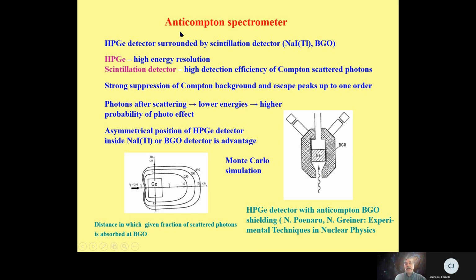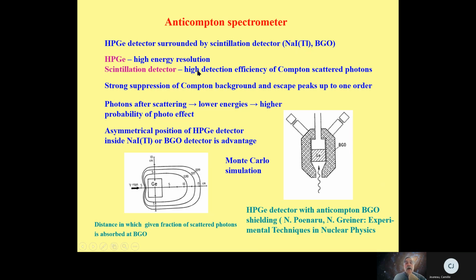Okay, how does this anti-Compton spectrometer look? This is a spectrometer in which we have a germanium detector, a semiconductor detector, which is surrounded by a scintillation detector. Mostly it is, for example, sodium iodide or BGO. As I said, this germanium detector has very high energy resolution, that means nice energy resolution.